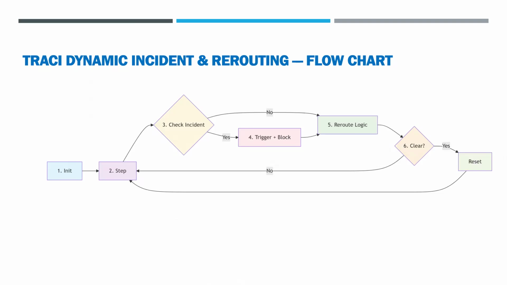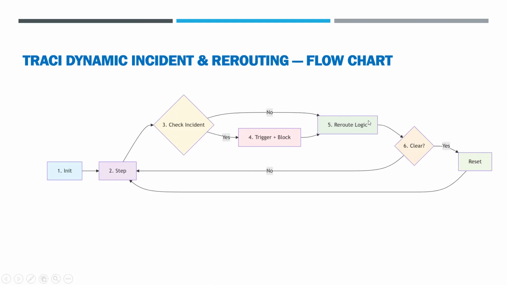Firstly, it will initialize the simulation, then run the step-by-step simulation and check for the incident. When there is no incident, the reroute logic will not trigger. But when the incident occurs, it will trigger and block the road, and the reroute logic will be activated.